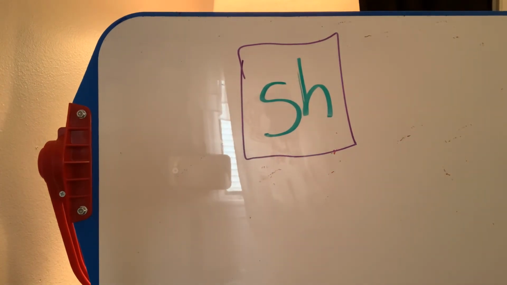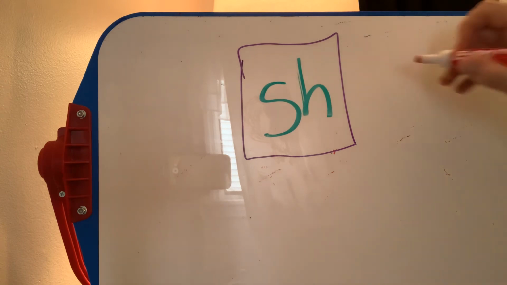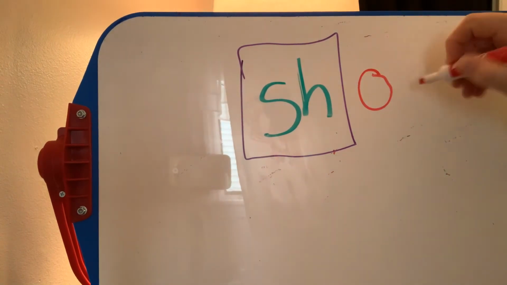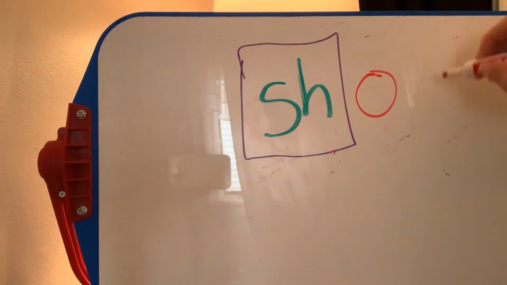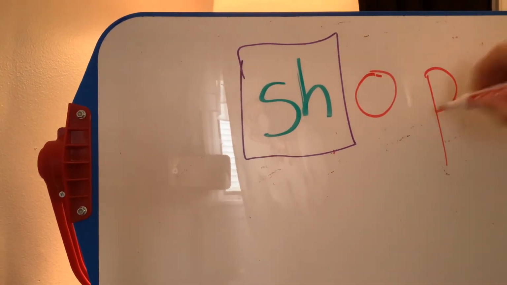Okay, I'm going to erase these two letters, and I'm going to have you put up these two letters. Don't say anything. We're just going to put this vowel up and this consonant up.